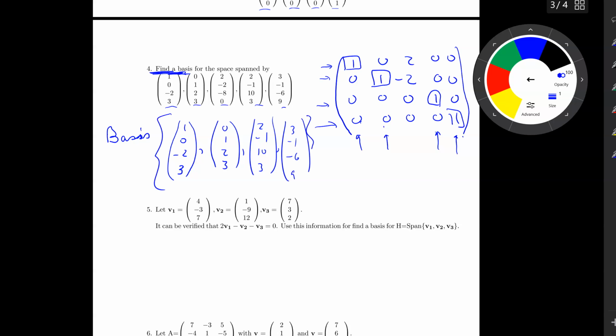So these 4 vectors are a basis. I've taken out the one vector that was linearly dependent. So this is an efficient spanning set. It's linearly independent, and it spans, or I guess this one actually spans all of R4. But all I needed to know was it spans this subspace.